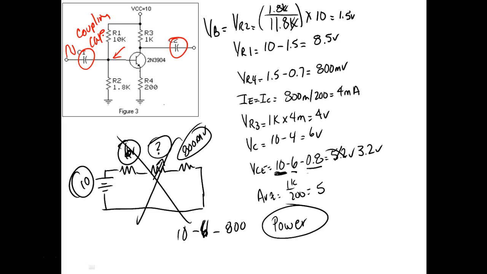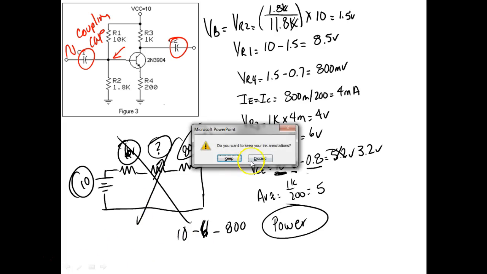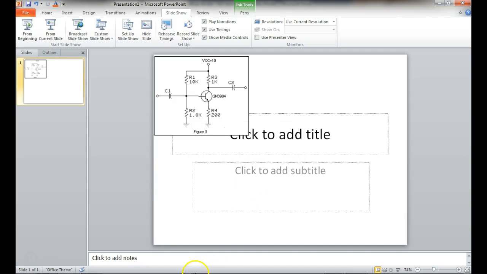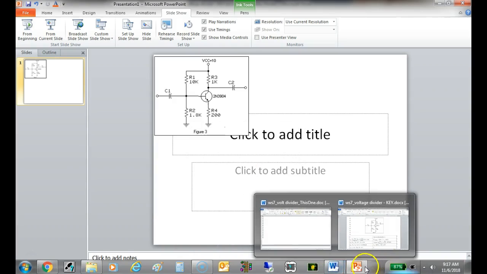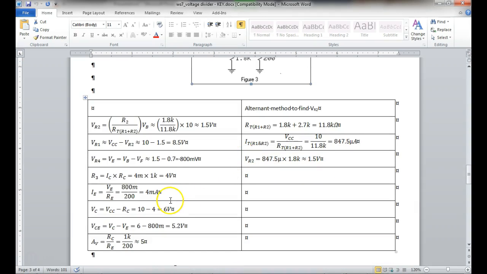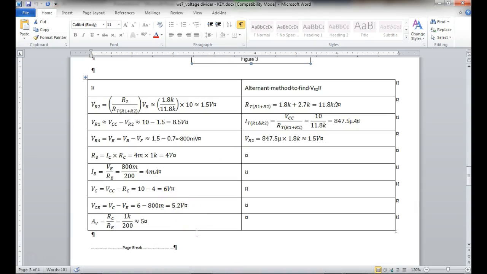What's that? Well, then I did it wrong. What did I subtract? Yeah. Well, I did it wrong. I just probably used the wrong value for VC.